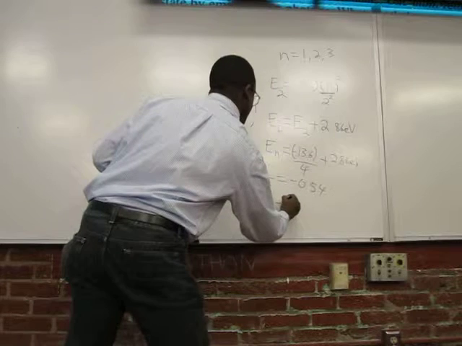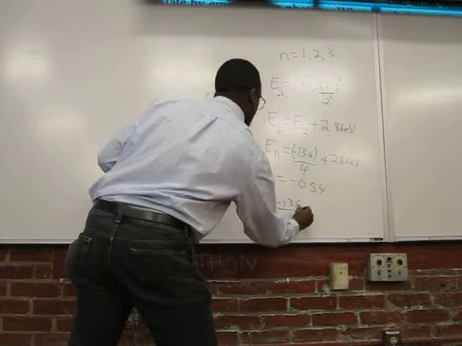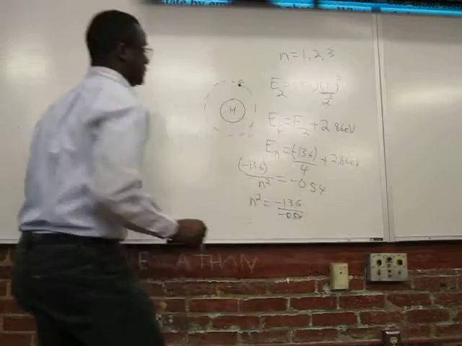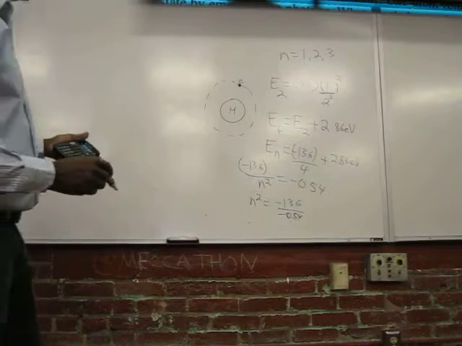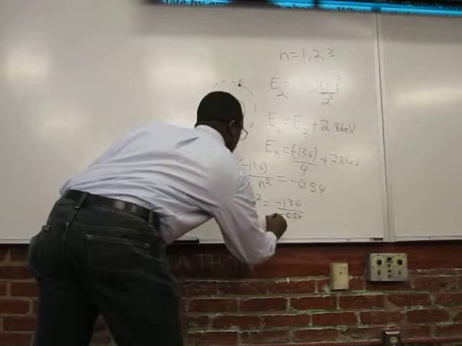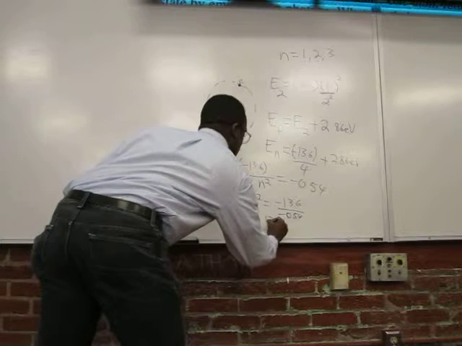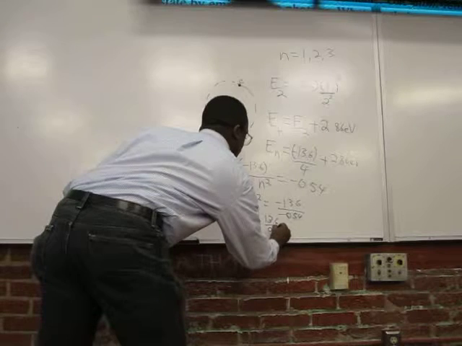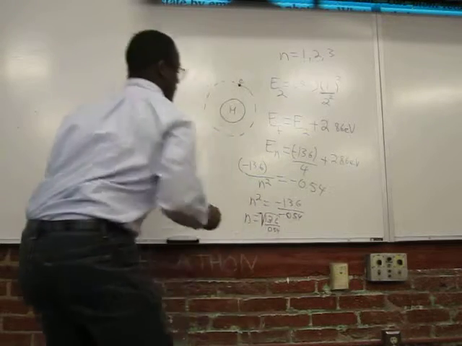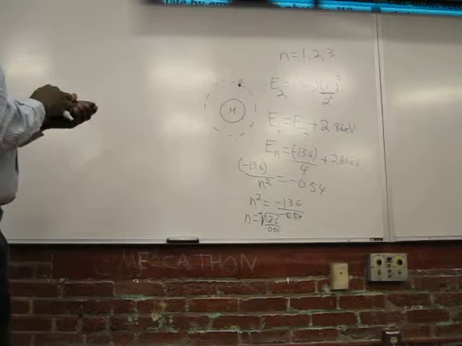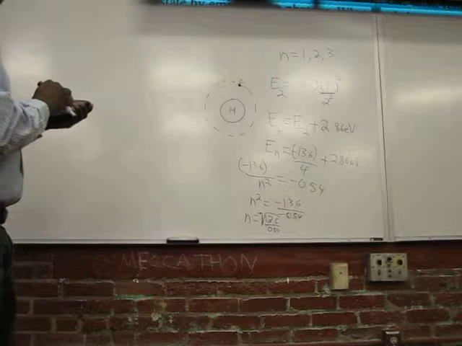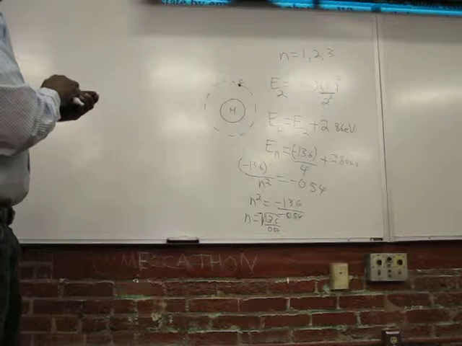That's going to give me negative 13.6 over negative 0.54 equals n squared. Okay, so n equals the square root of 13.6 over 0.54. So this is 13.6 divided by 0.54. Get the square root of that.